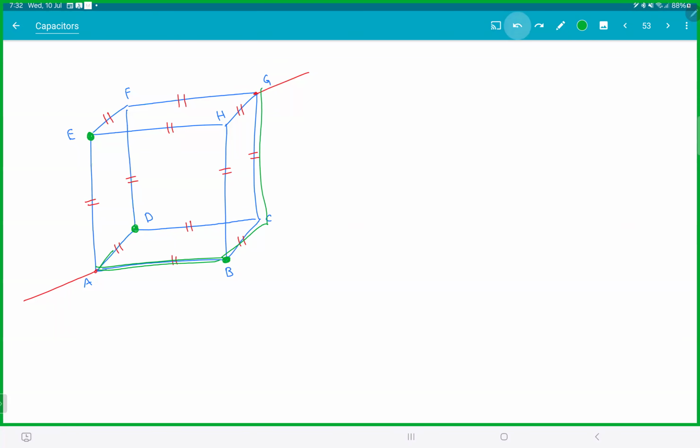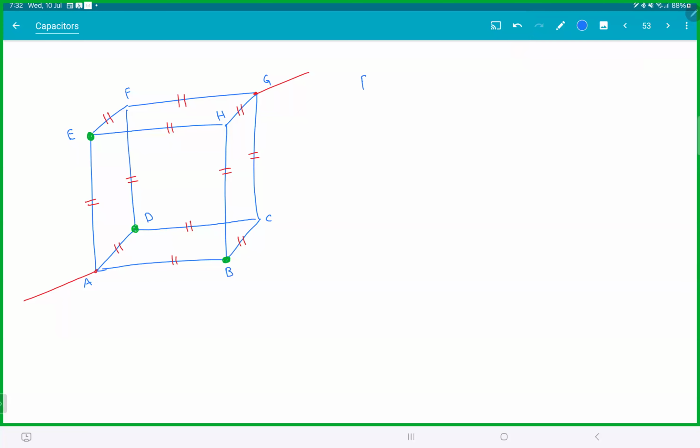When you say I'm going from A to G, for every path that you take through B, I can show you a similar path through D and a similar path through E. That means if I erase these symbols D, B, and E, and rotate this cube, you can't tell which point is which. Isn't that making sense?